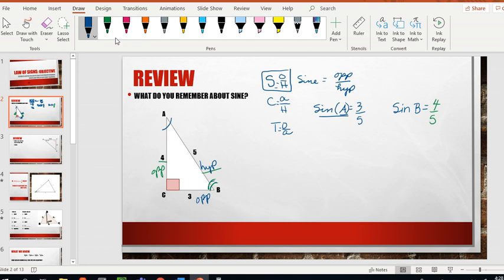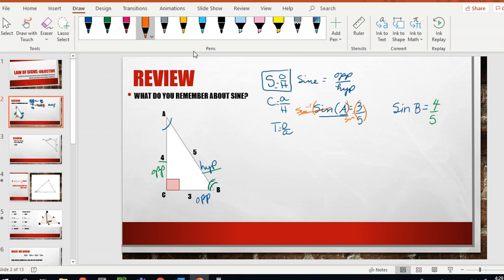So what you have to do is sine inverse of both sides. So to solve for it, you would say sine inverse of this, and then sine inverse of this. All right, so the sine inverse and sine cancel each other out.